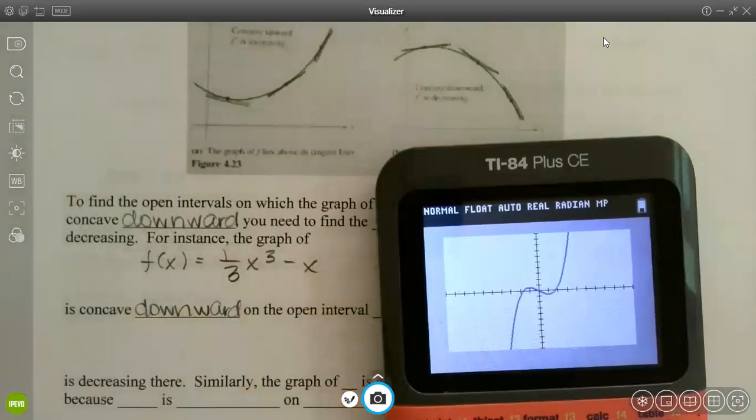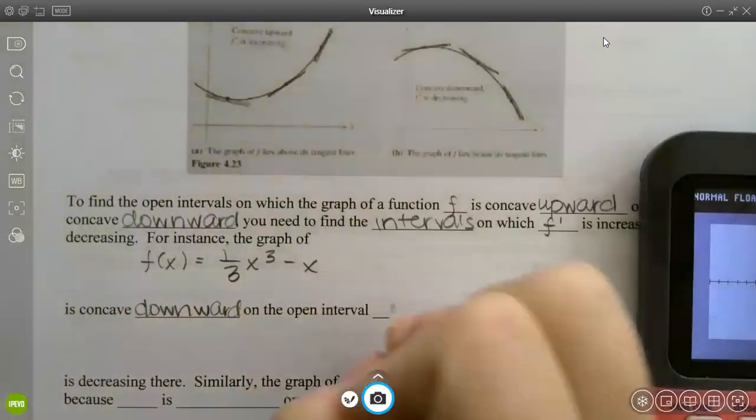Basically you look for your maximum and then you tell me what part makes up that specific maximum. So it is concave down until it gets to 0, and that's your turning point where it becomes increasing again, or it starts to be that other minimum. So on the open interval, negative infinity to 0.